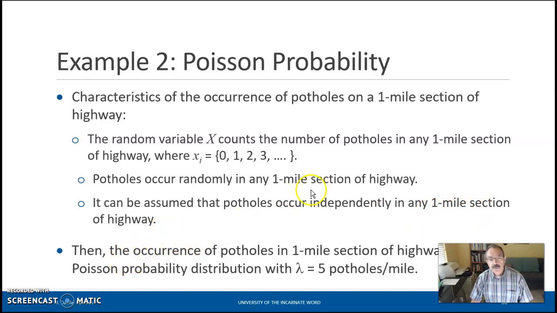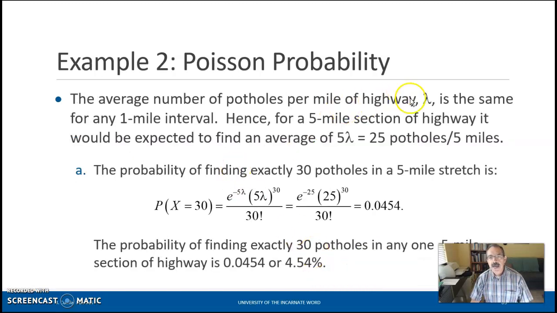Now, they are giving us the average of potholes that occur in a 1-mile section, yet the question is asking us about the potholes in a 5-mile stretch. So lambda is given for the average number of potholes, which is 5 per mile.